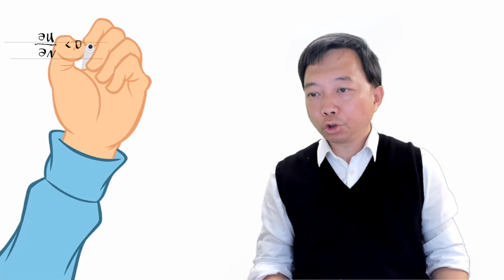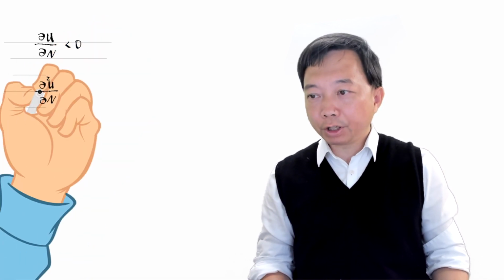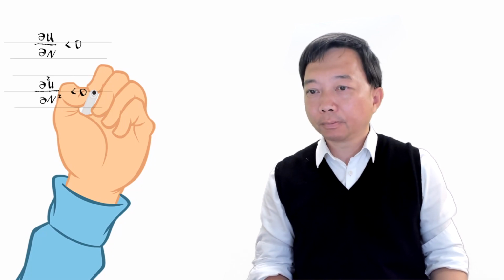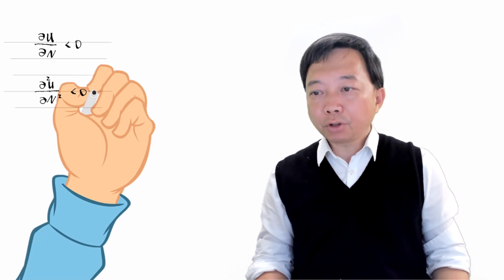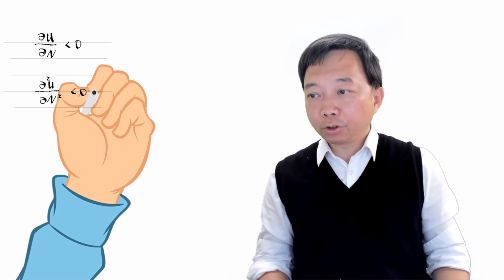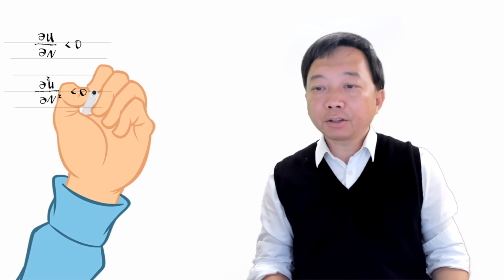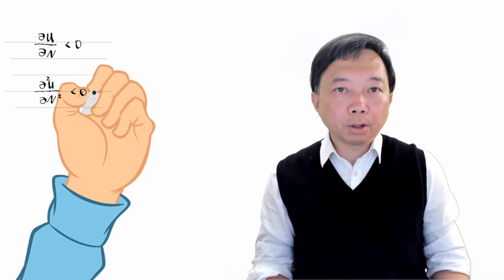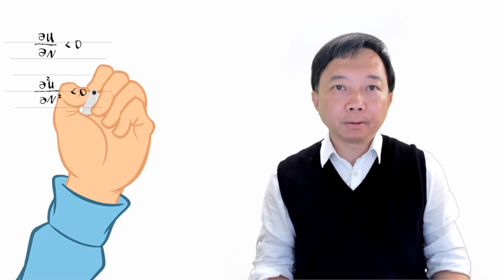We further assume that the second-order derivative of U with respect to N is also negative. It means as the total number of goats increases, the value of each goat will decrease faster and faster. This is also a reflection of reality.